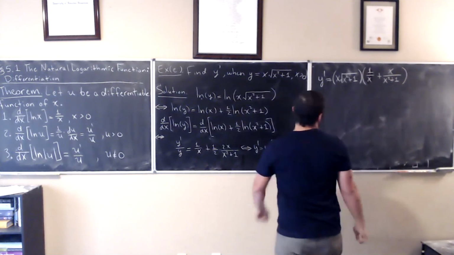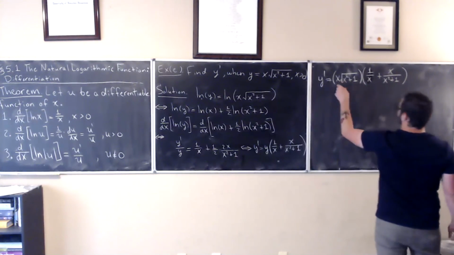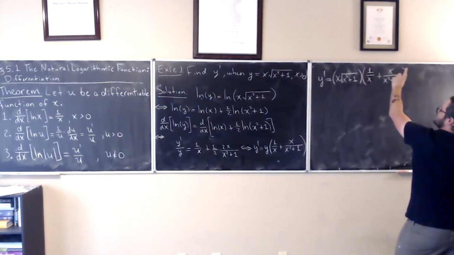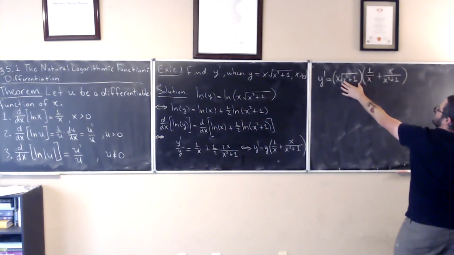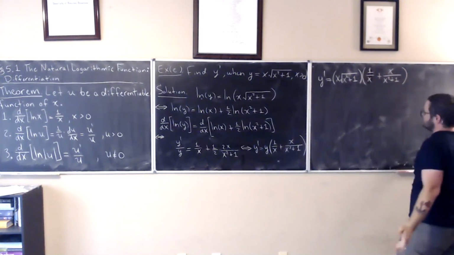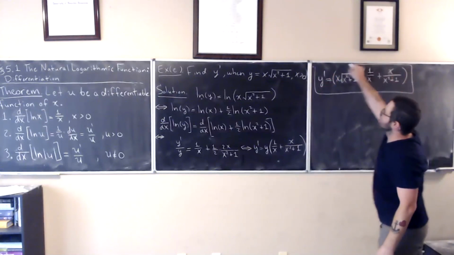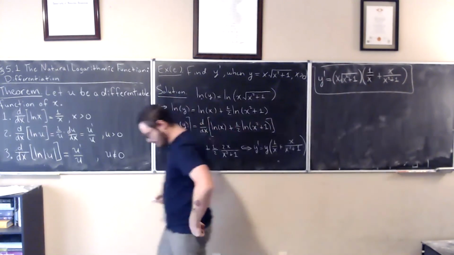If you did distribute that in, you'll have root x squared plus 1 plus x squared times root x squared plus 1 over that. So I'm not going to waste word space on that. Just know that you would distribute in and kind of simplify it out.